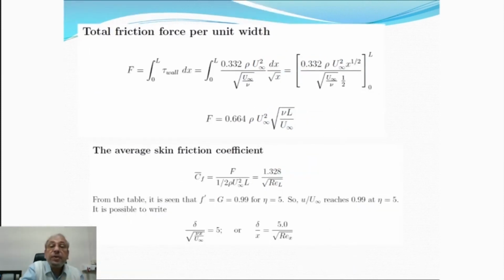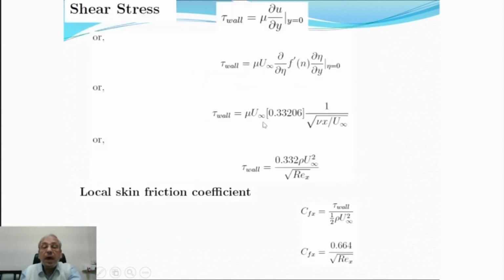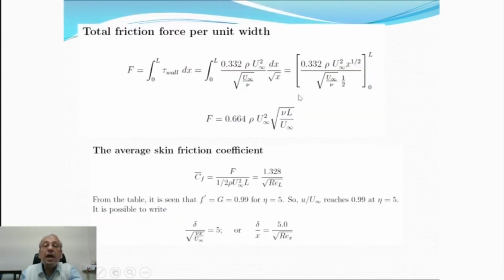Total friction force per unit length is basically the integration of tau wall dx between 0 and L, where L is the total plate length. Then we substitute the value of tau wall that we got here and perform the integration, and finally we get, you can do it by yourself, 0.664 rho u infinity square into root over nu L by u infinity.